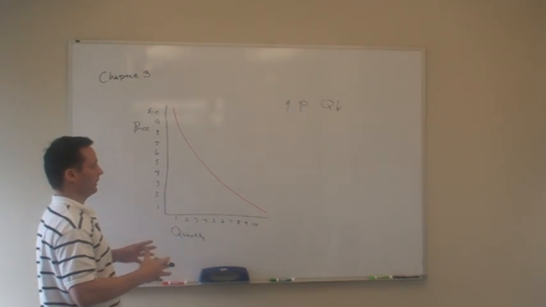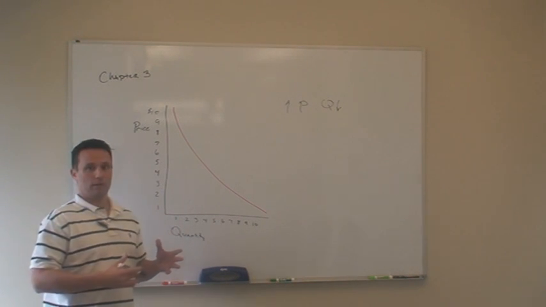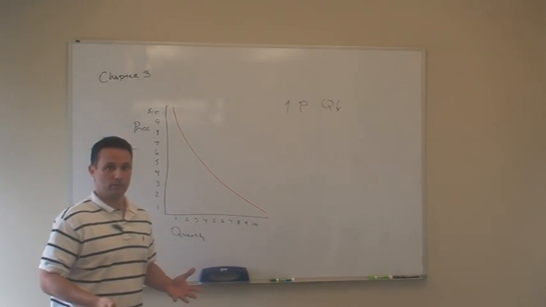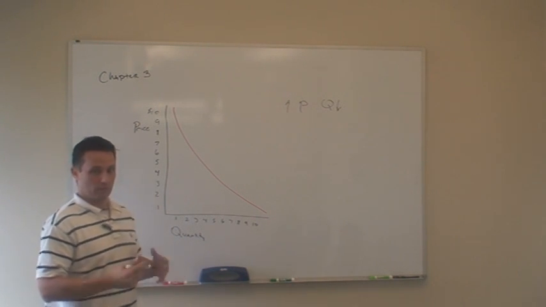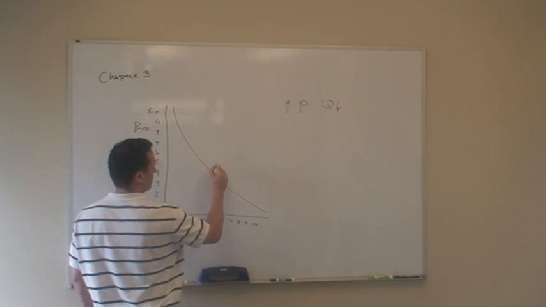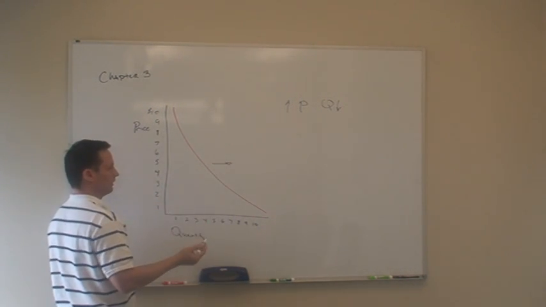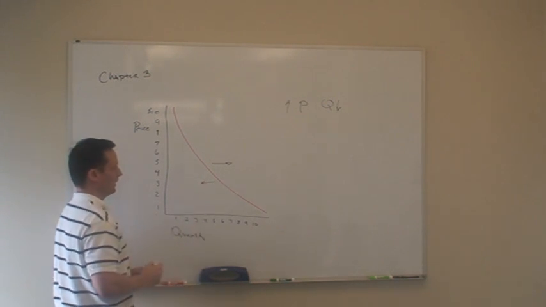So there are other things that can have an effect on the demand for a product without changing the price. And this causes the demand curve to shift left or right. Increases in demand will cause the demand curve to shift right. Decreases in demand will cause the demand curve to shift left.